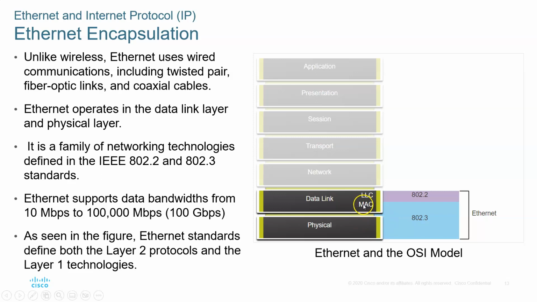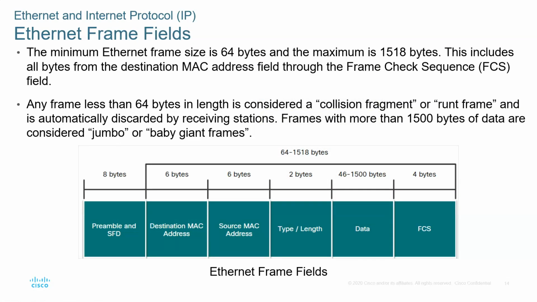And once that's done, media access control, meaning it is going to access the media, the physical layer, the wire, because it's Ethernet, it puts it on the wire in bits, in ones and zeros. So that's basically a quick review of the encapsulation process of how data gets encapsulated and placed on the wire. On the other end, you will de-encapsulate the data once you capture it. Okay, here's the frame.